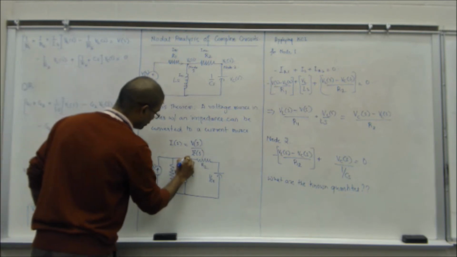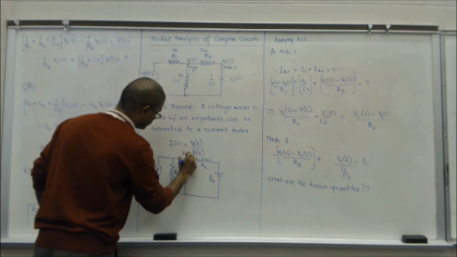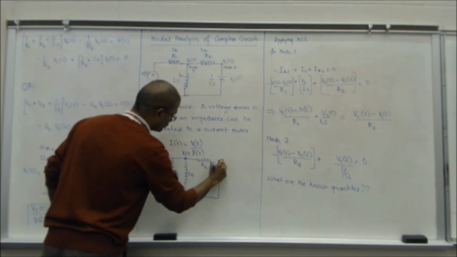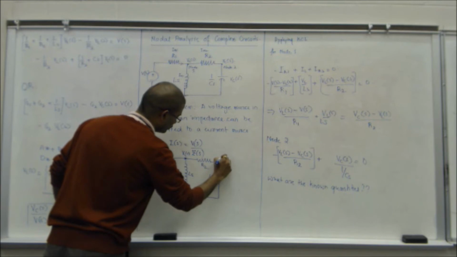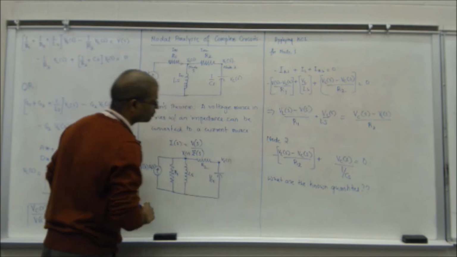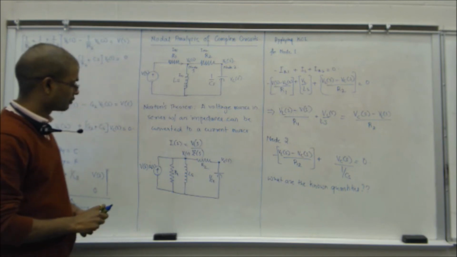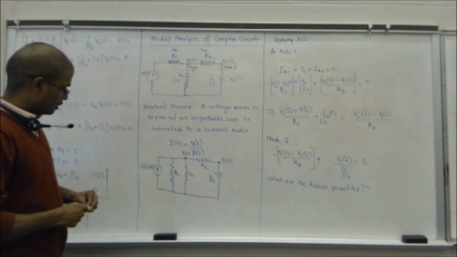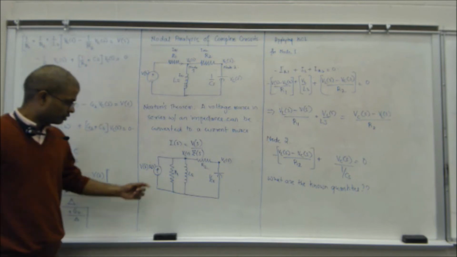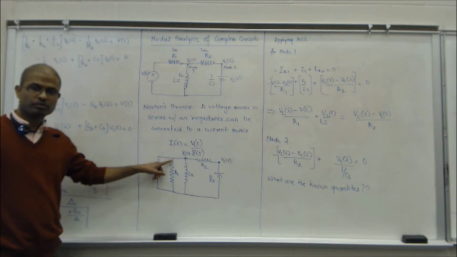So again, this would be your node 1 or VL. This would be node 2, which is VC of S. You cannot treat this as a node.